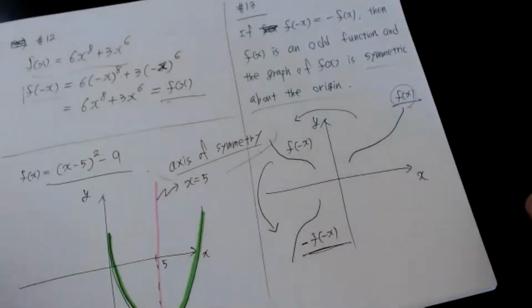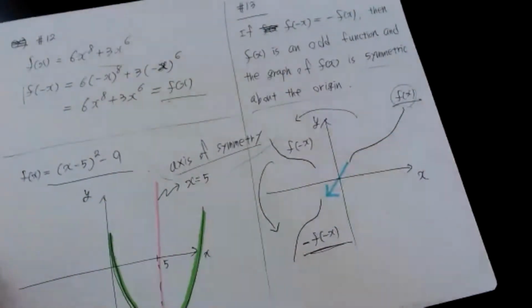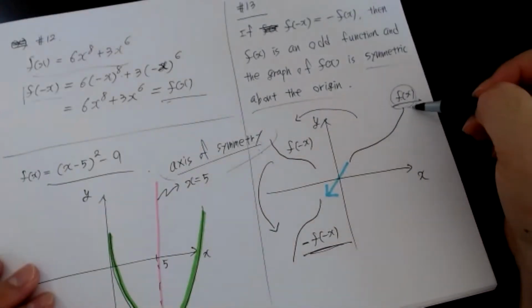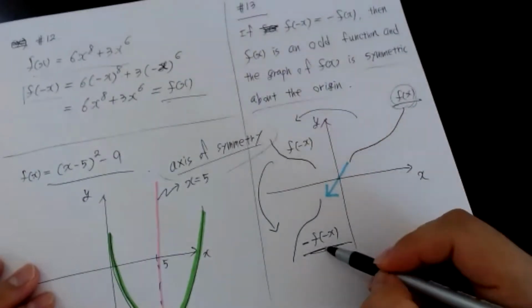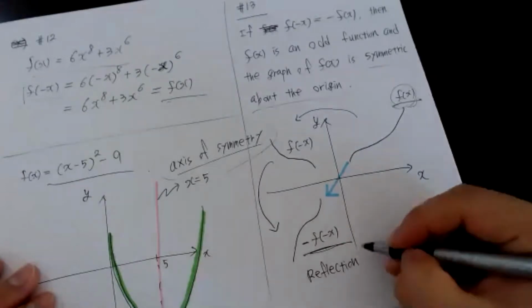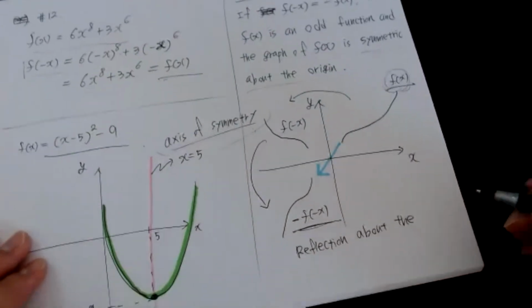So the graph of f of x reflected about the origin is this.